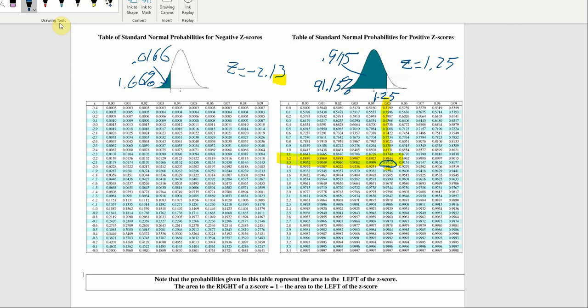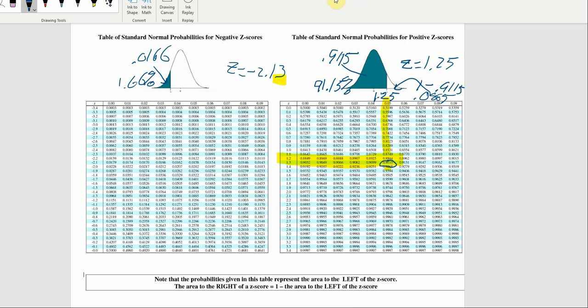Or if I wanted to find the area to the right, you simply take 1 minus 0.9115, and that would equal 0.0885. That would be the area over here.